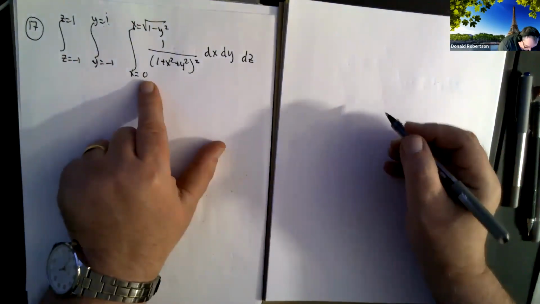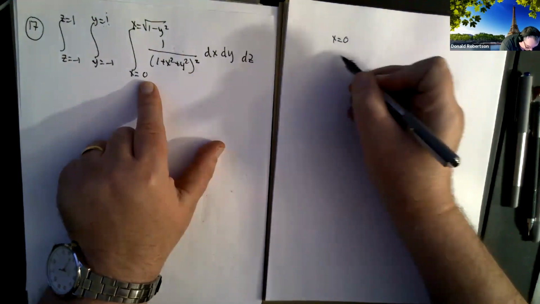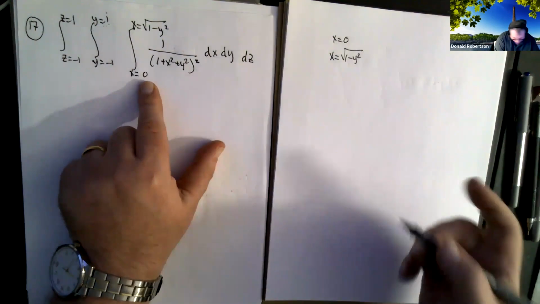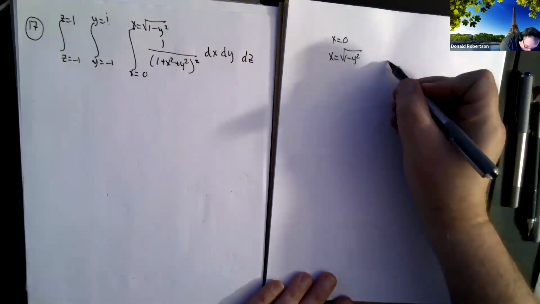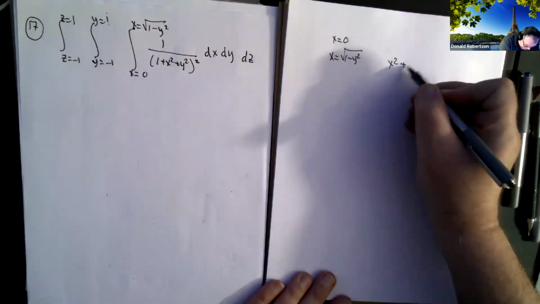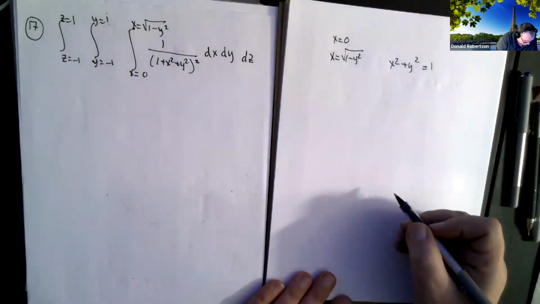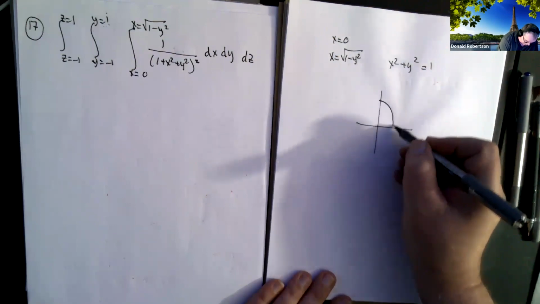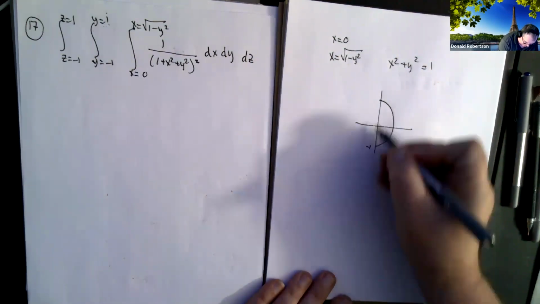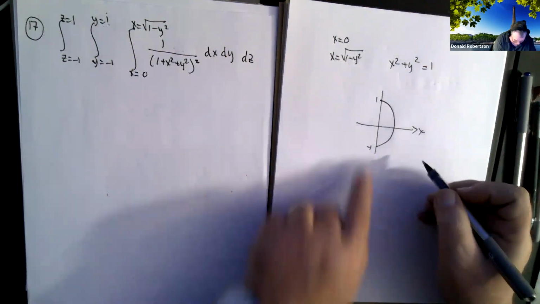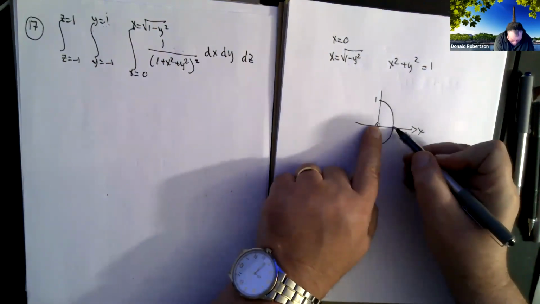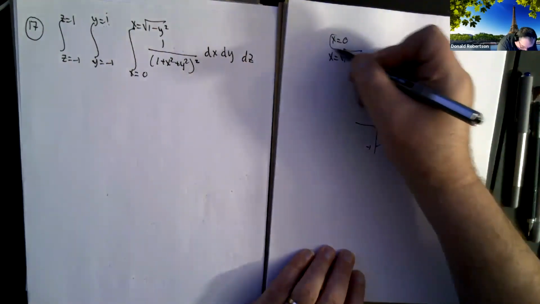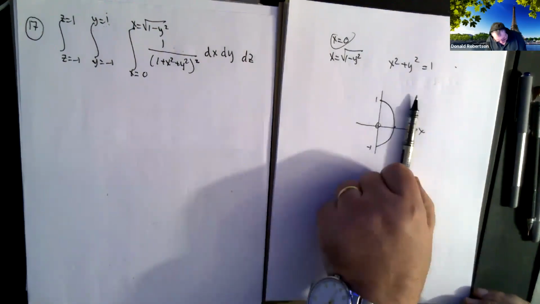So if I take x equals 0 and x equals the square root of 1 minus y squared, almost identical to the question we did a few minutes ago, this becomes x squared plus y squared equals 1, and this is 0. So X has to be 0 or the curve, because that's a whole circle. And we're just saying that when you tell me X equals 0 is the small one, it means this fill.